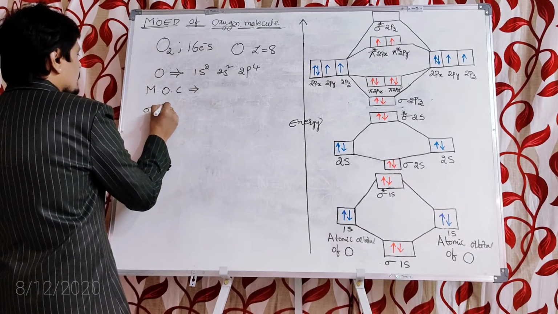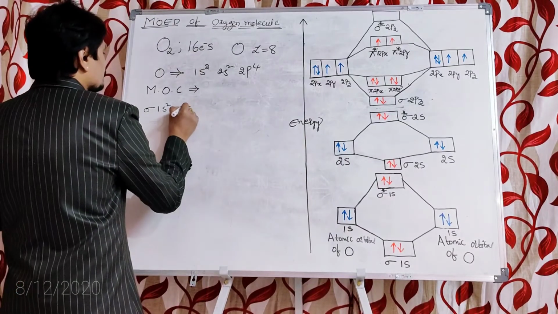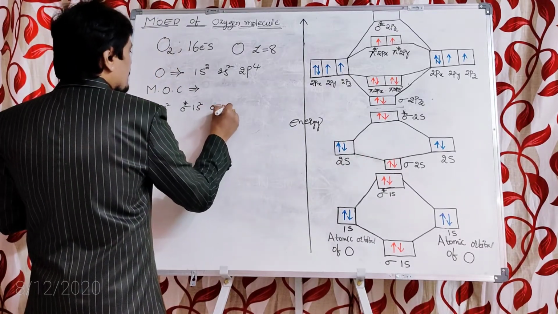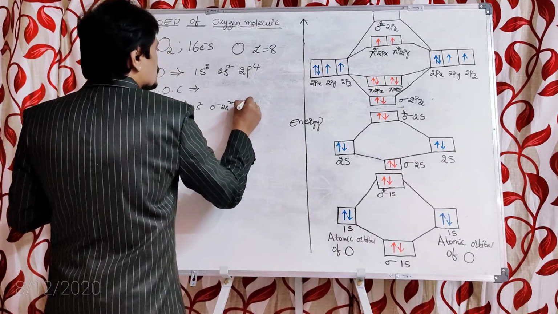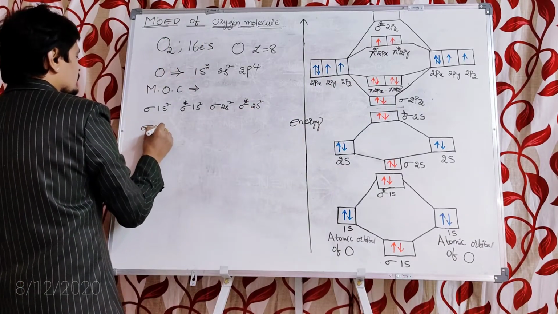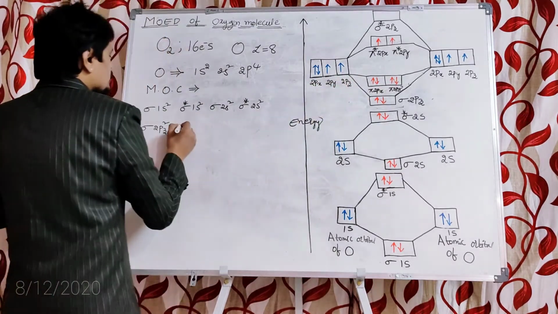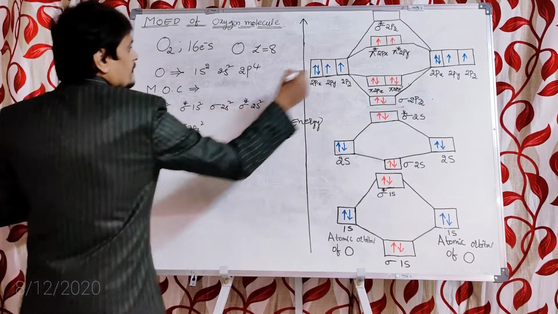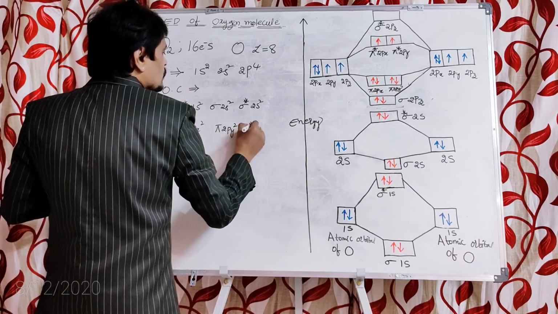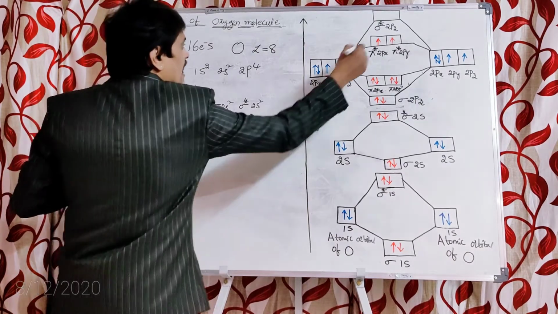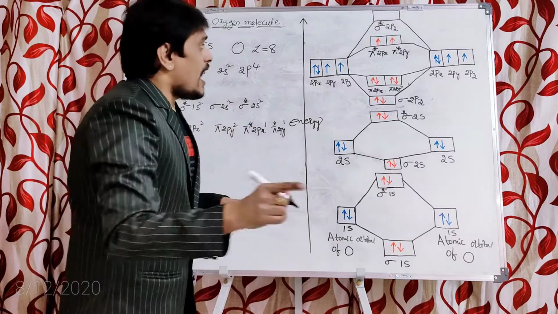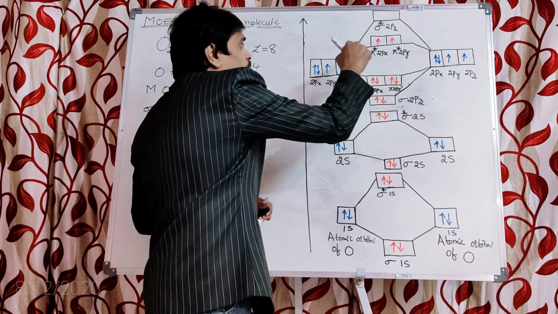Sigma 1s2, next sigma star 1s2, next sigma 2s2, next sigma star 2s2, next sigma 2pz2, next pi 2px2, next pi 2py2, next pi star 2px1 and pi star 2py1. Now, unpaired electrons are there in the molecular orbitals of the oxygen molecule.